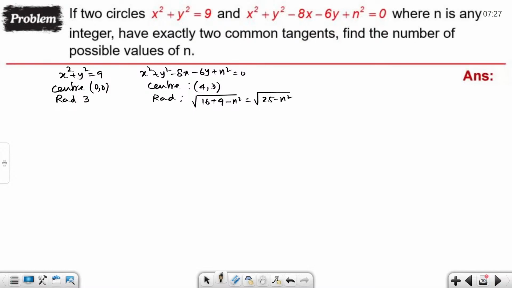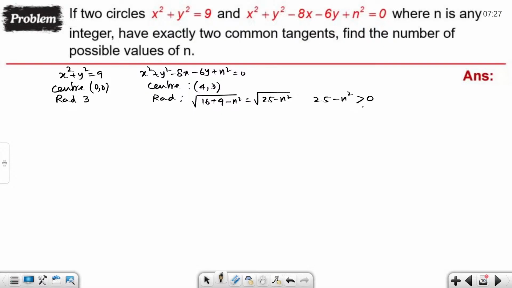Am I correct? Now one thing, since this came within the root sign, so you must write that 25 minus n square, because I don't know n. That's exactly what you have to find out. That has to be greater than 0. Now I'm not giving here greater than equals to 0.